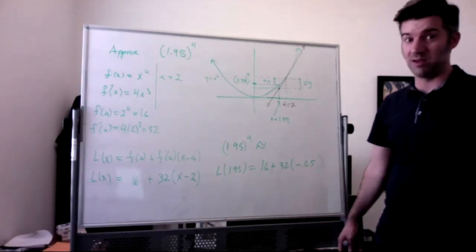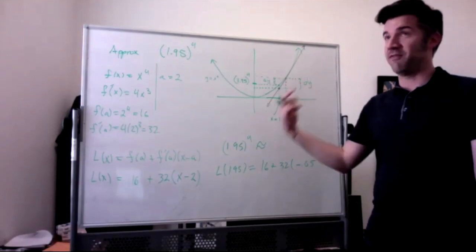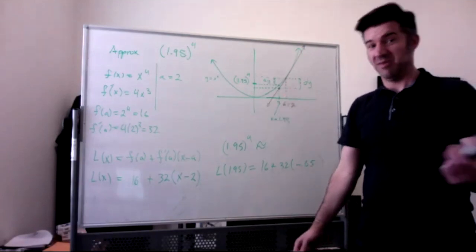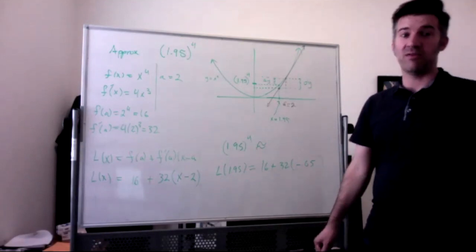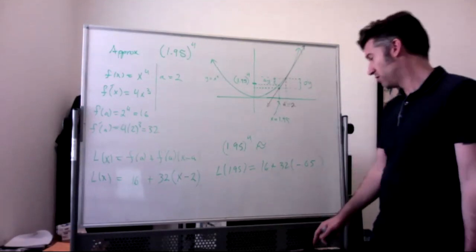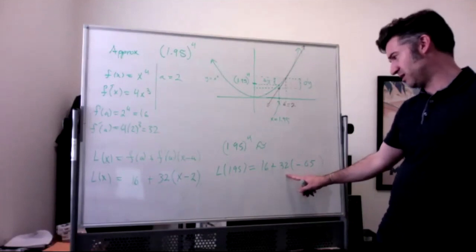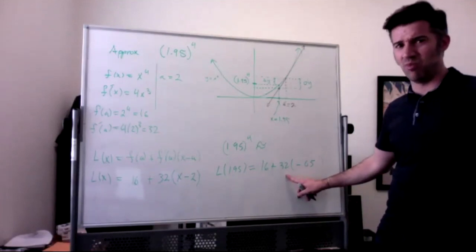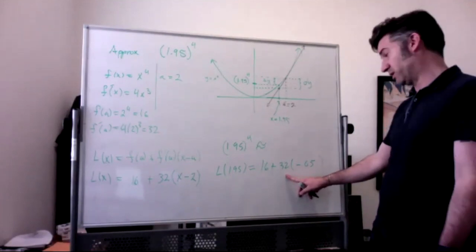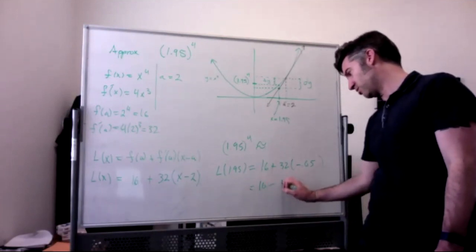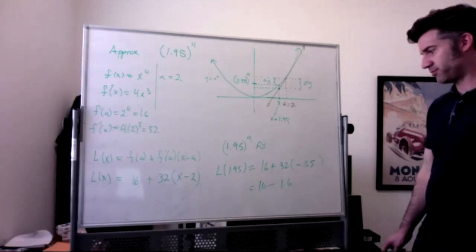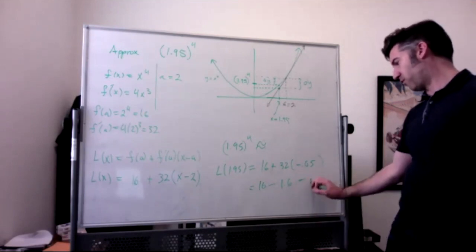Here's how I would really do it. I would think of 5 times 32, which I would really do by doing 10 times 32 over 2. 10 times 32 is 320. 320 over 2 is 160. But then I know it's not really 160, nor is it 16. It should be 1.6. That's what 0.05 is times 32. So it's actually going to be 16 minus 1.6, which is going to be 14.4.